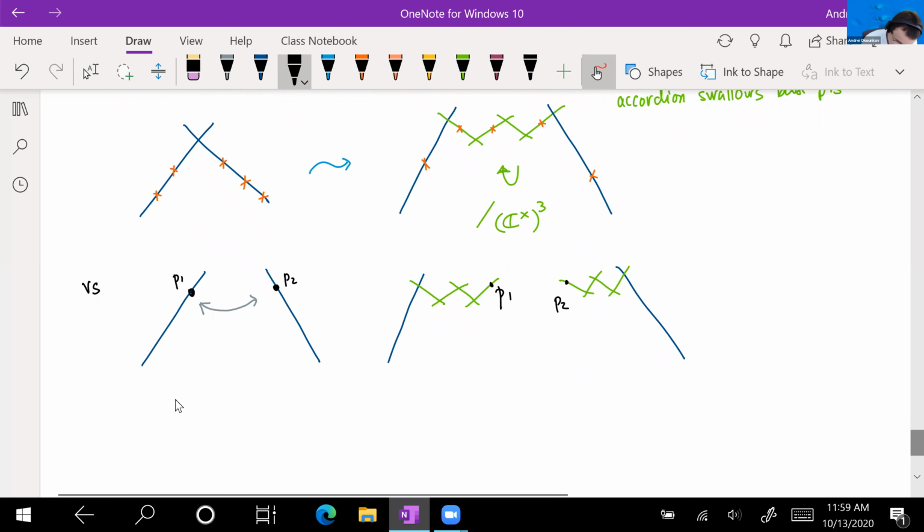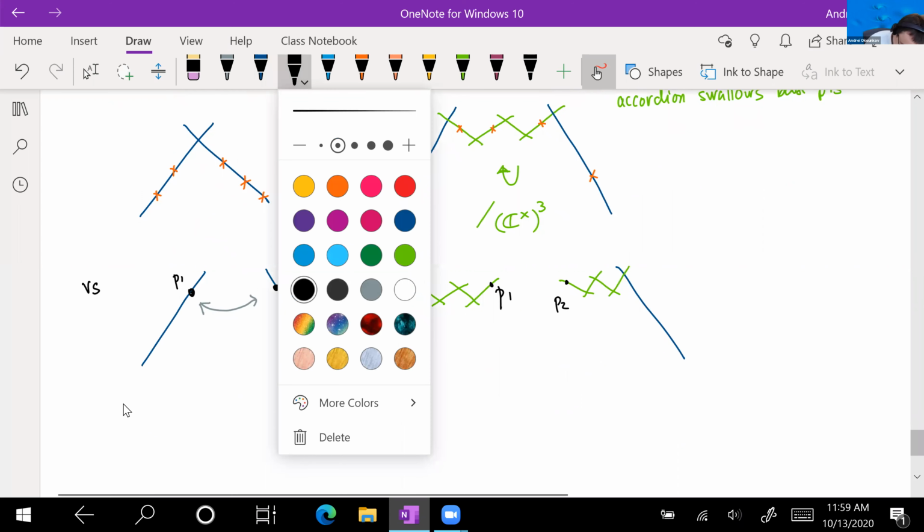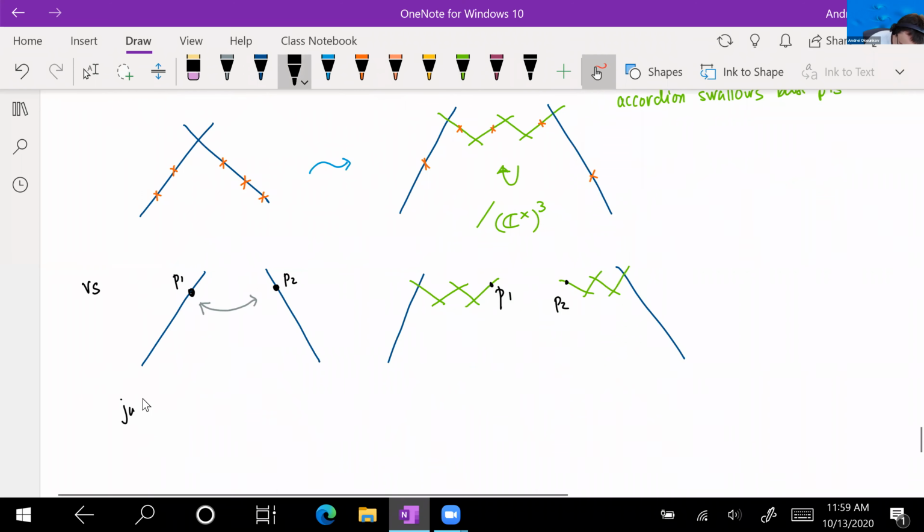what does it mean? Just glue means pair with the diagonal in X squared where the points lie.